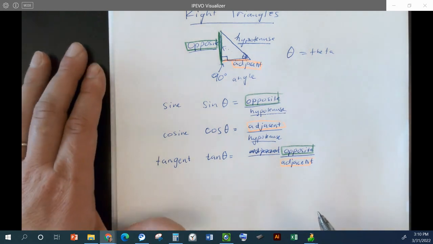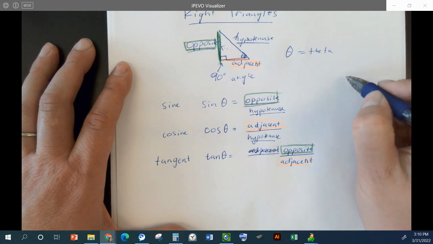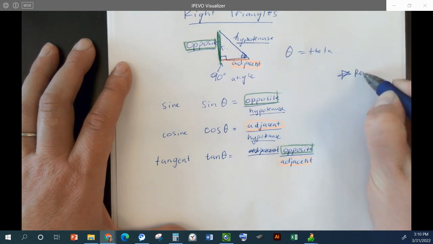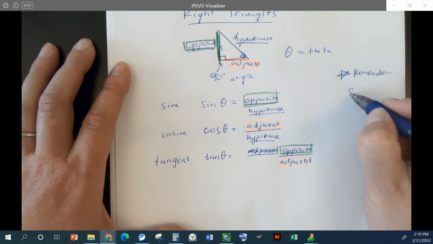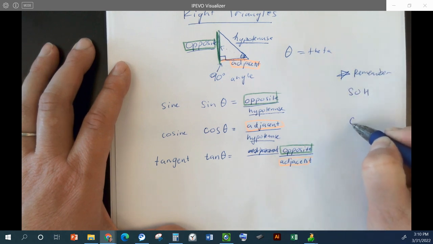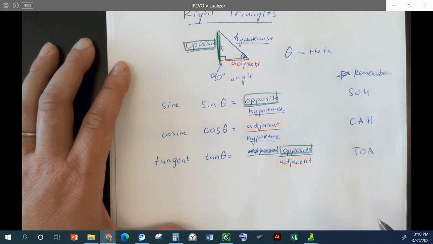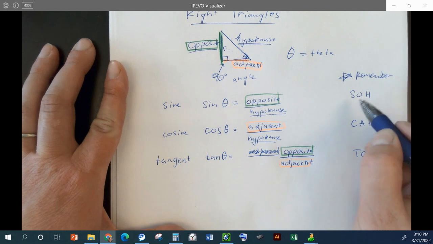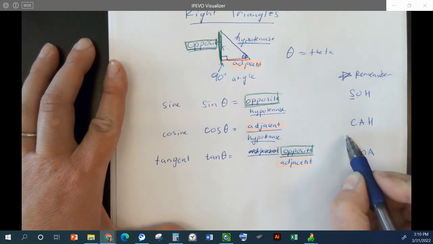So a lot of the time in math, we will use an abbreviation. This helps us to remember. It's like a mnemonic device, and we use SOHCAHTOA. So sine is opposite over hypotenuse.